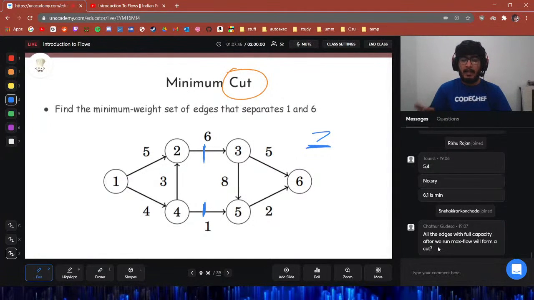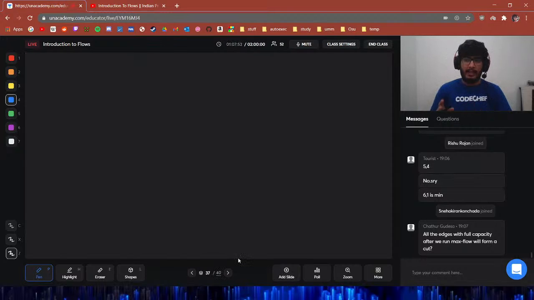Not exactly, right? Let me explain what is happening. Before all that, I want you to understand any flow that we are going to get. Let's say I have a graph G, which has some edges and nodes.